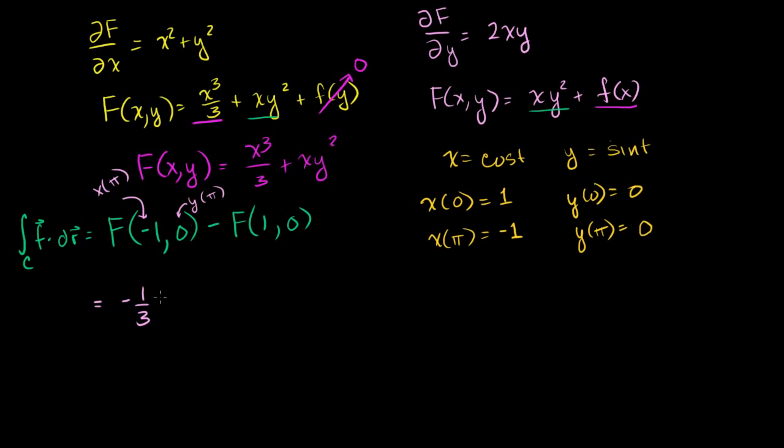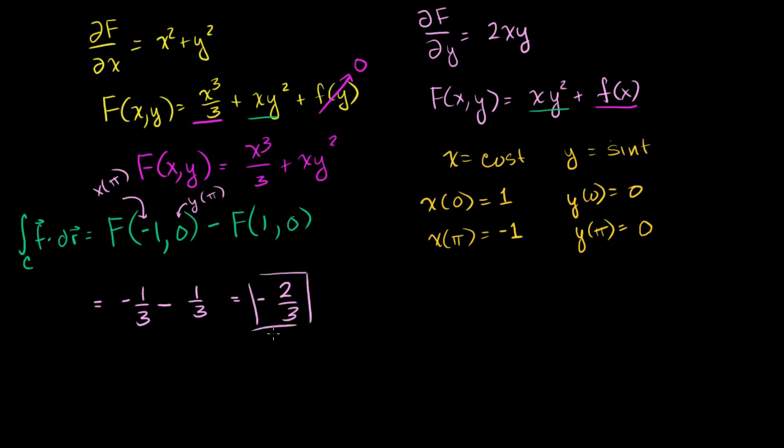And then we have minus F of 1 comma 0. So 1 to the third over 3 is 1 third plus 1 times 0 squared, which is just 0. So this is going to be equal to minus 1 third minus 1 third, which is minus 2 thirds.